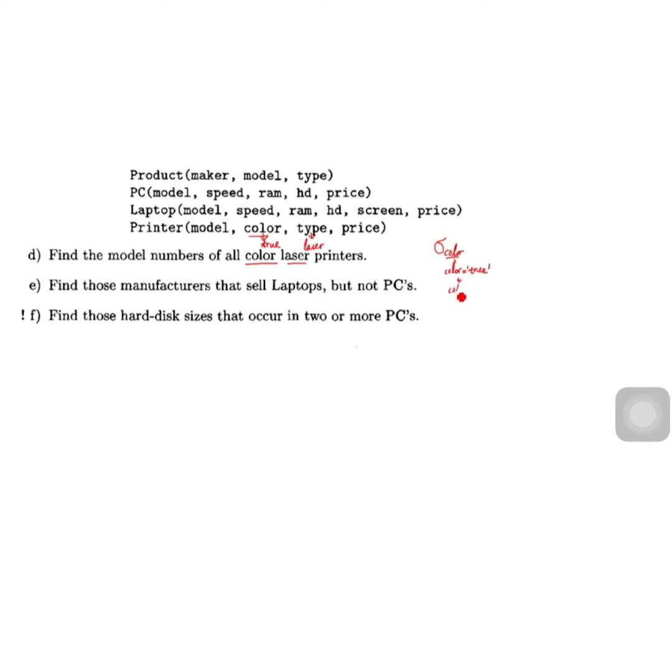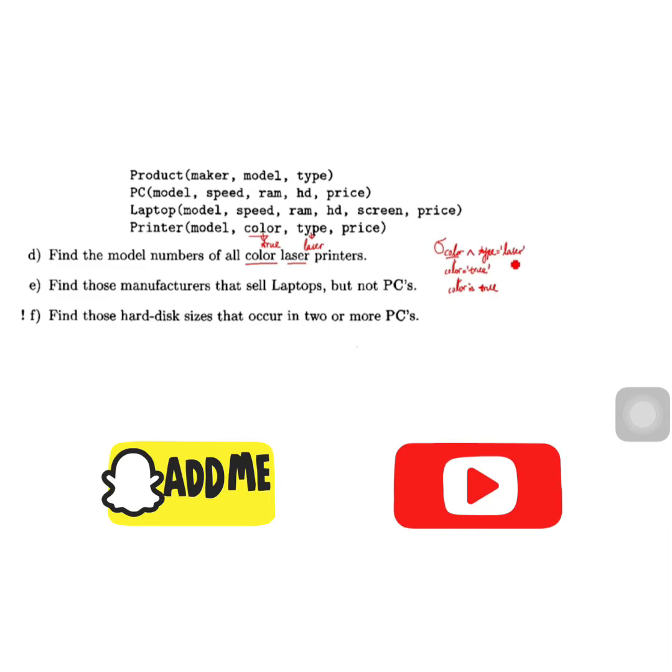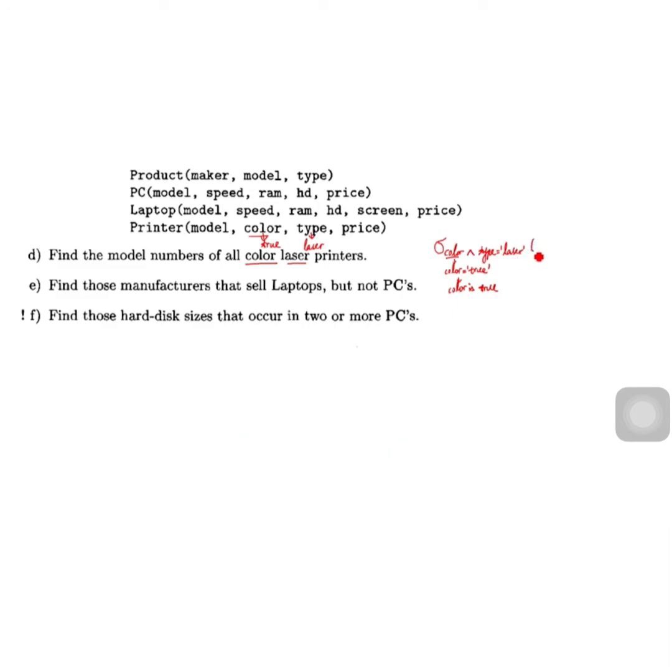Well, this one color is true or just color. Okay, color. And the logical AND, we'll write this as a logical AND. Okay, now type laser, so type is laser. Okay, it's the condition. The condition selection on printer.